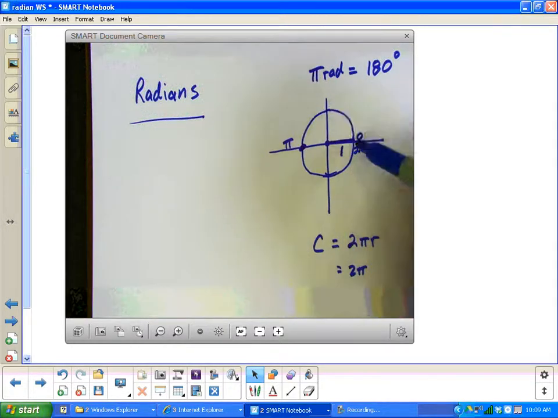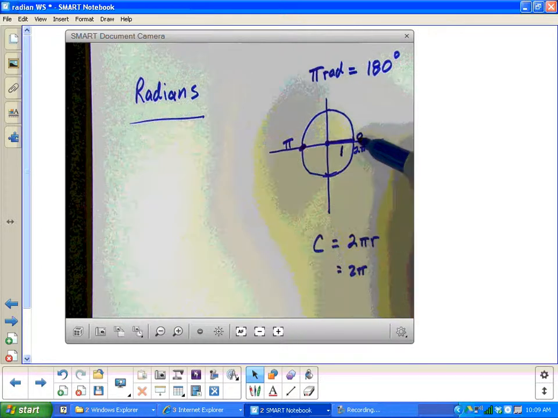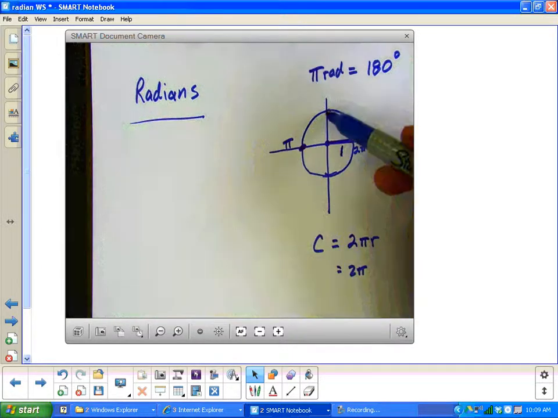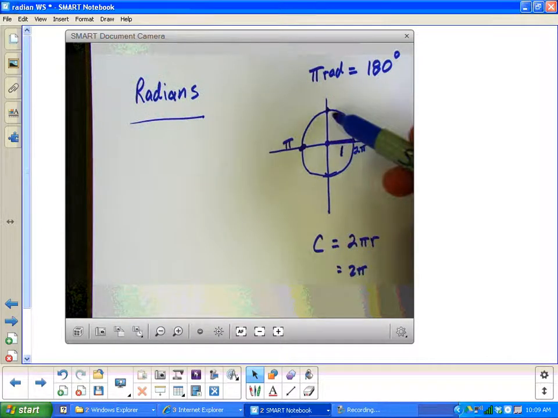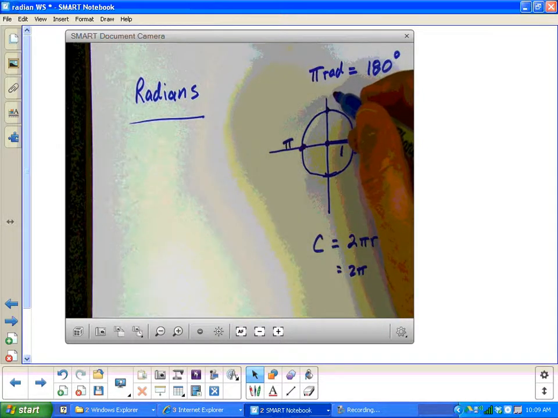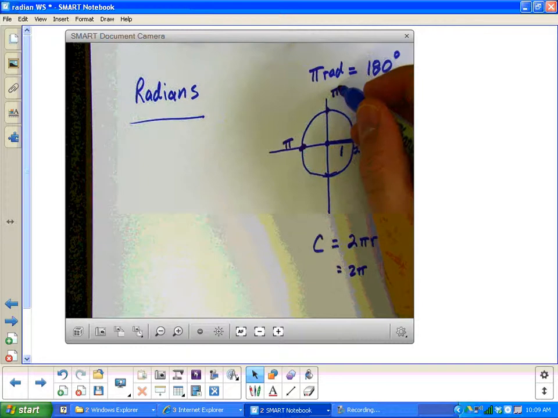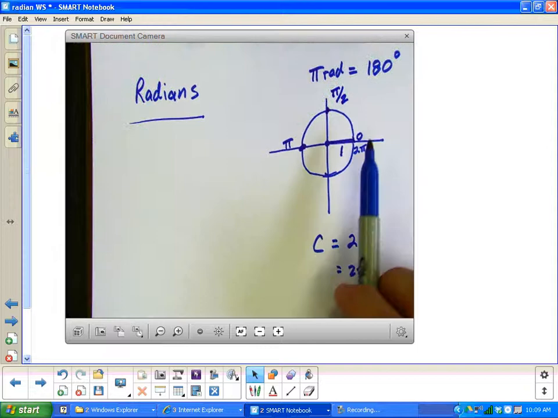Now, if I go halfway around, it is pi. What if I go halfway to pi? This would be halfway to pi, wouldn't it? So how do we write halfway to pi? 1/2 pi, or pi over 2. Okay. Now, does that make sense?